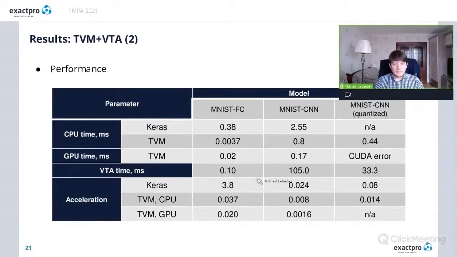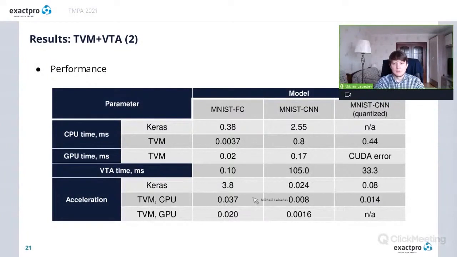So here we can see that the simplest MNIST-FC model has been accelerated on the VTA core, compared to the original Keras runtime, but in all other cases, the VTA core was significantly slower than the other platforms.